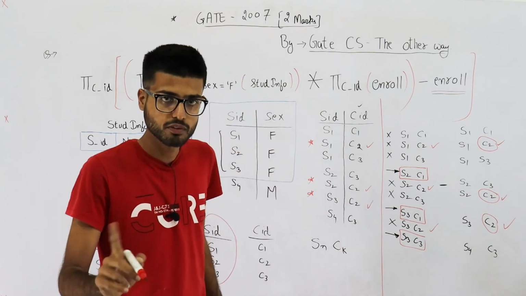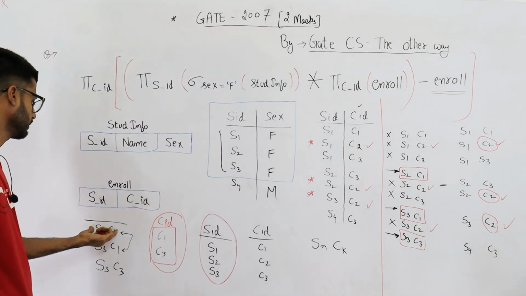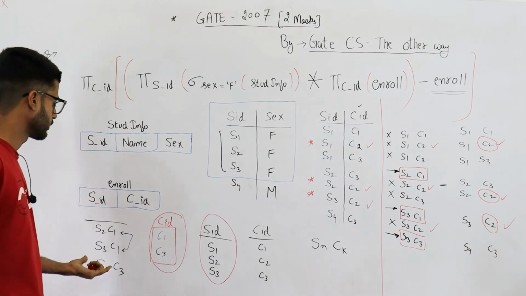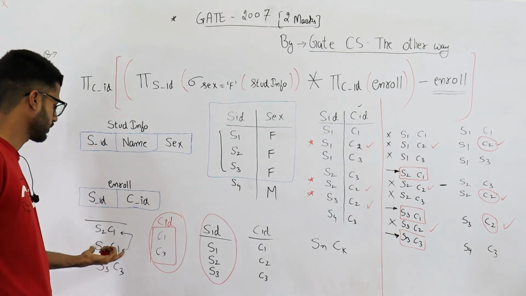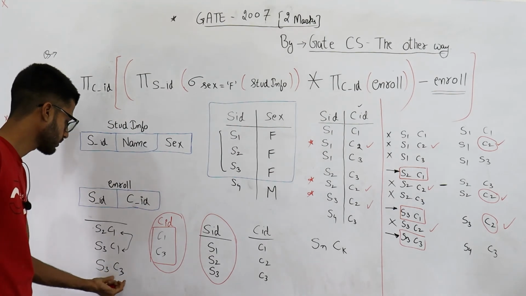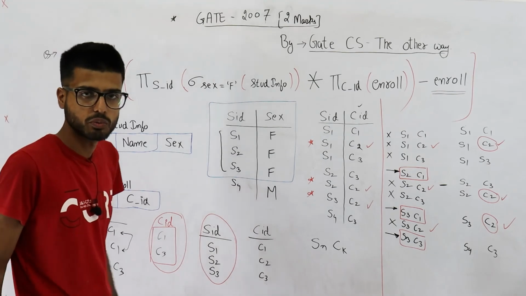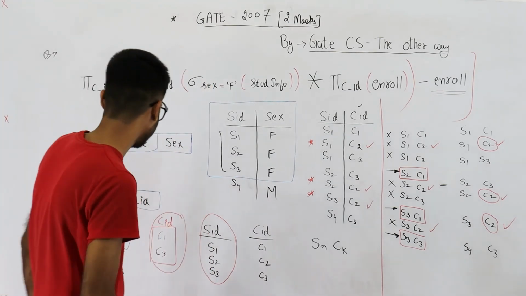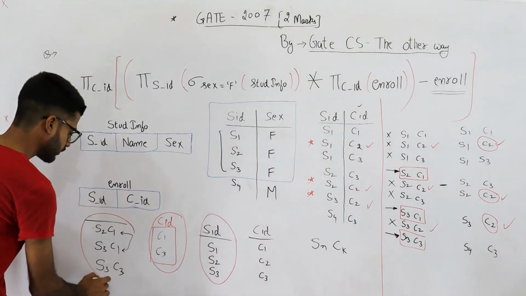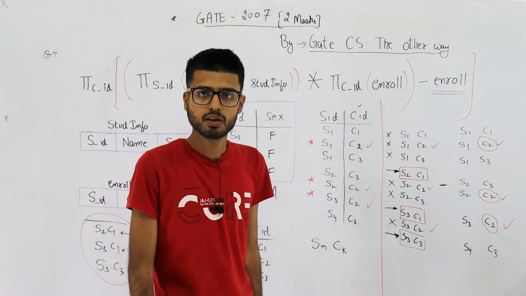S2 has not opted for the course C1. That means it's going to be present in the result. Similarly, S3 has not opted for C1. It's going to be present in the result. Similarly, course C3 is not opted by student 3. So C3 is going to be present in the result. That means all those courses for which a proper subset of female students have enrolled are part of the result.